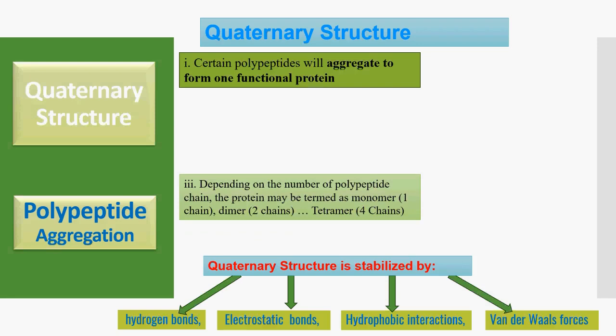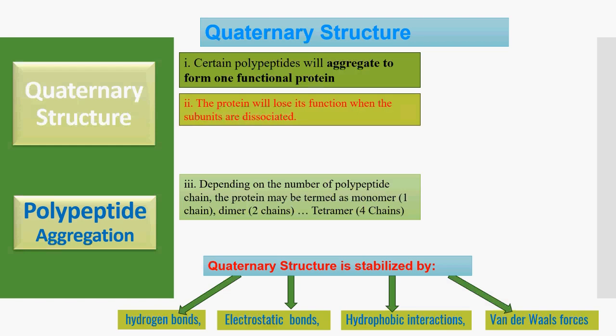Or it can be a trimer or a tetramer, where it contains 4 chains. An example is hemoglobin, where 4 separate polypeptide chains, each with its three-dimensional structure through the primary, secondary, and tertiary structure, come together and aggregate to form the quaternary structure of hemoglobin, as we see in the example.